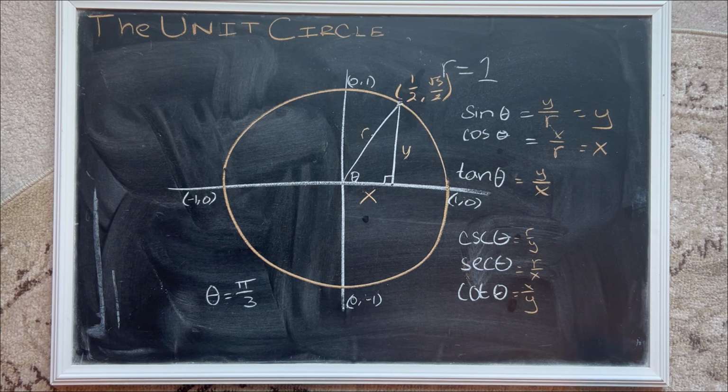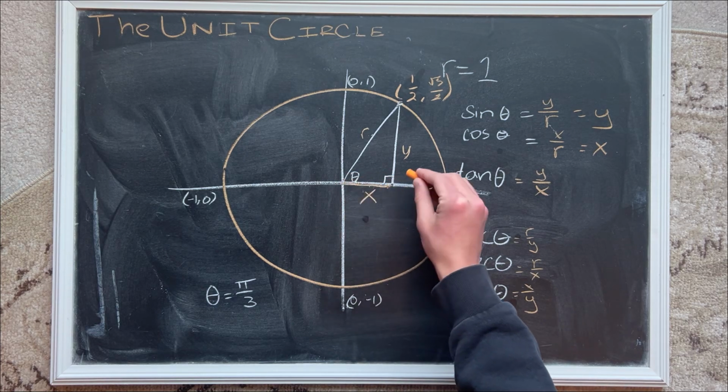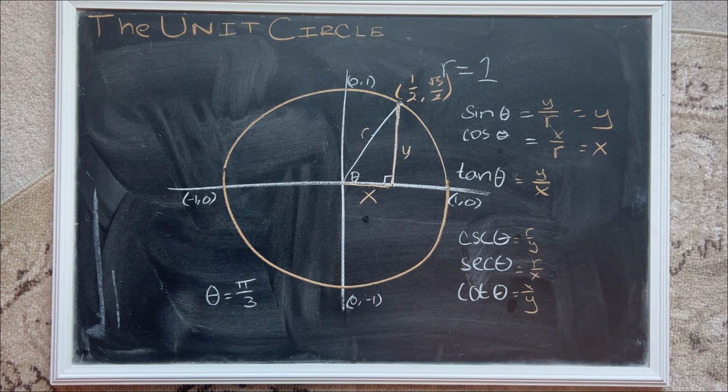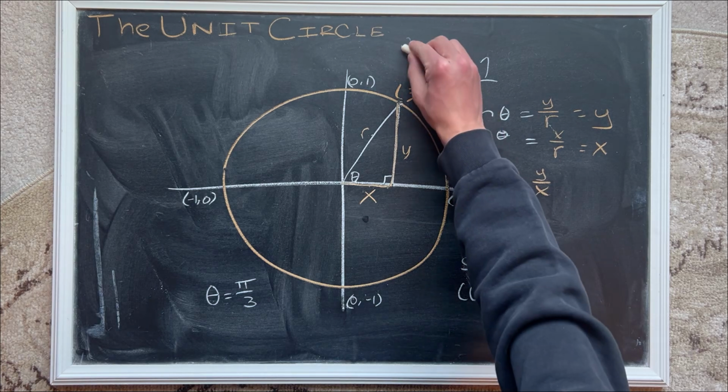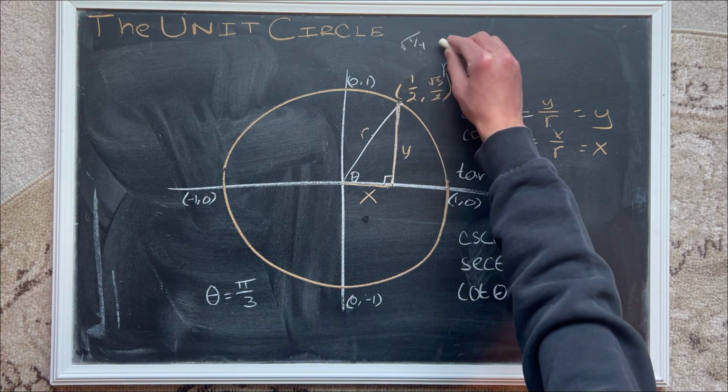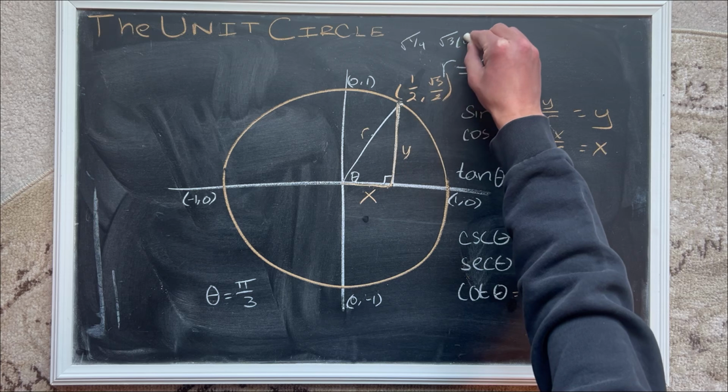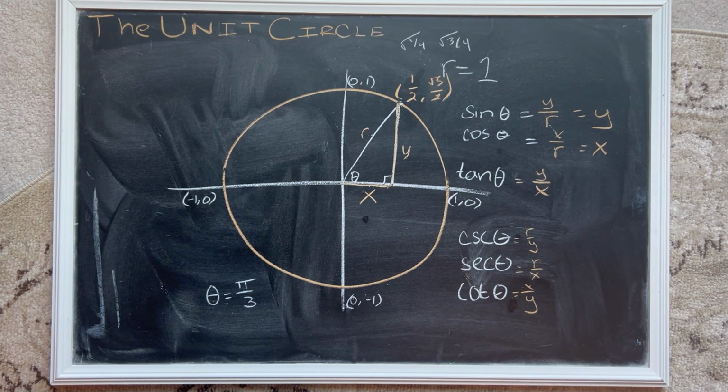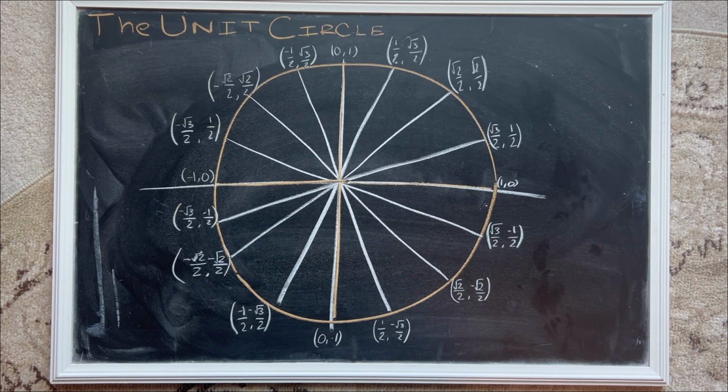All right? So this x-coordinate is 1/2, and the y-coordinate is root 3 over 2. And this is actually the square root of 1/4, and then the square root of 3/4. So each angle around the unit circle has a unique coordinate, and I will show you those here.